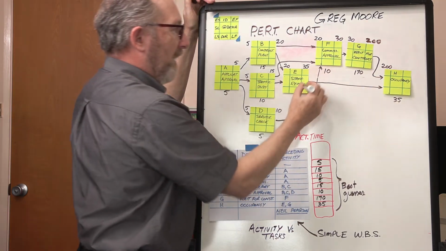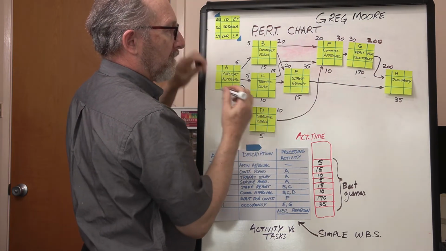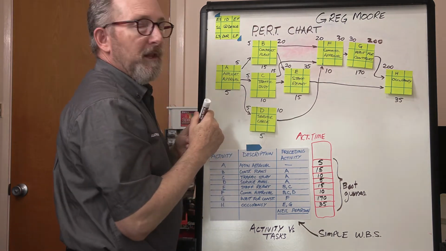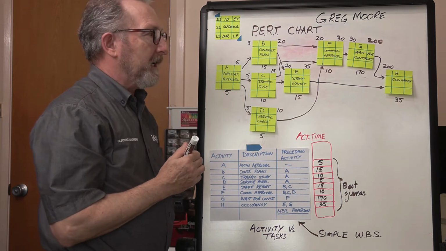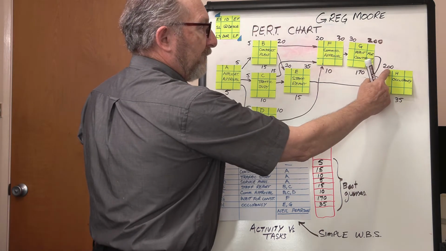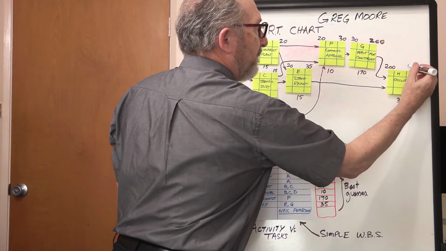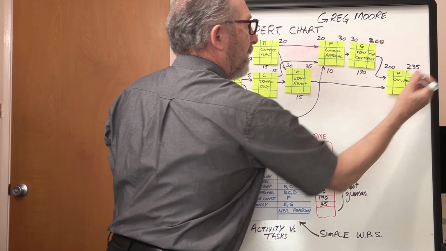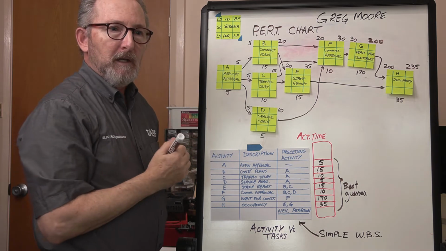And we ignore the 35, which we've got there. So the final time duration for this PERT chart is then going to be the 200 plus the 35 to give us 235 for an early finish on occupancy.